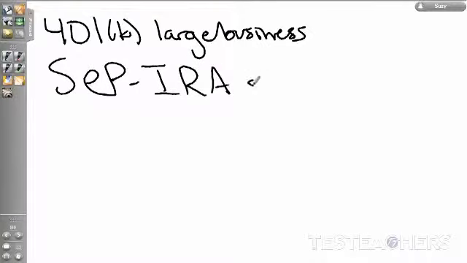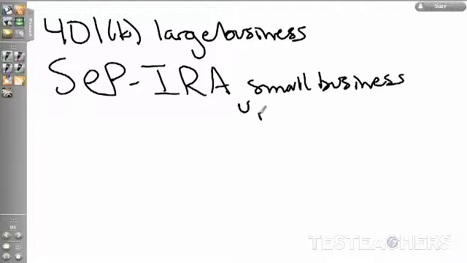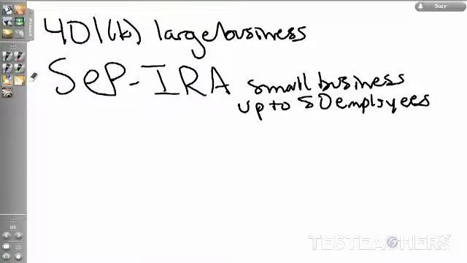SEP IRA, small business. All the same rules. Pre-tax dollars, non-discriminatory, 10% penalty under 59.5, zero cost basis. Small business, up to 50 employees.